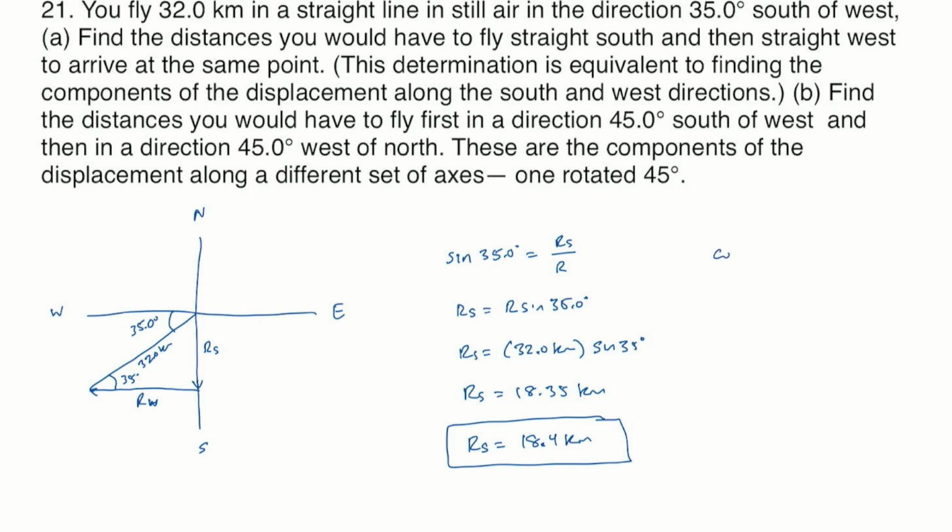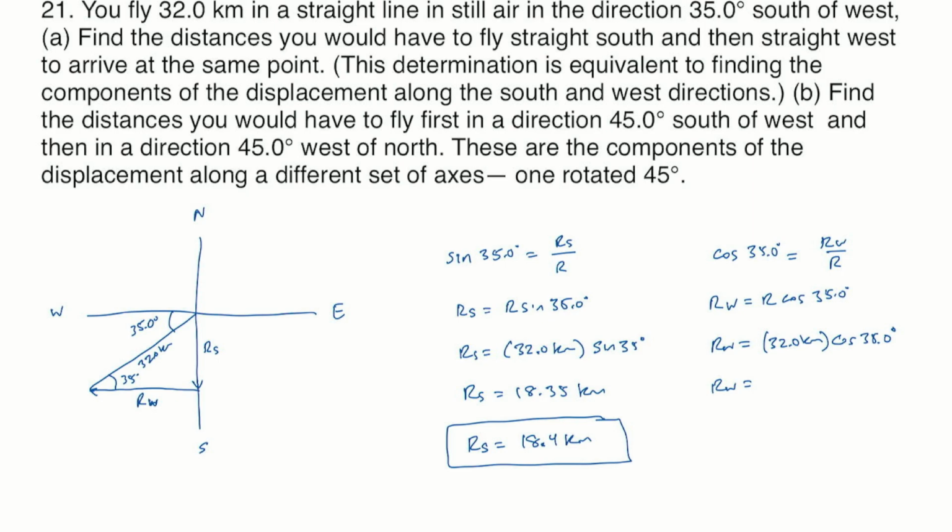Now, if we take the cosine of the 35 degrees, that's going to be the adjacent side, the western displacement, so the r west over the total r. And so the western leg would be r cosine 35 degrees. So that's going to be the 32 kilometers times the cosine of the 35 degrees.